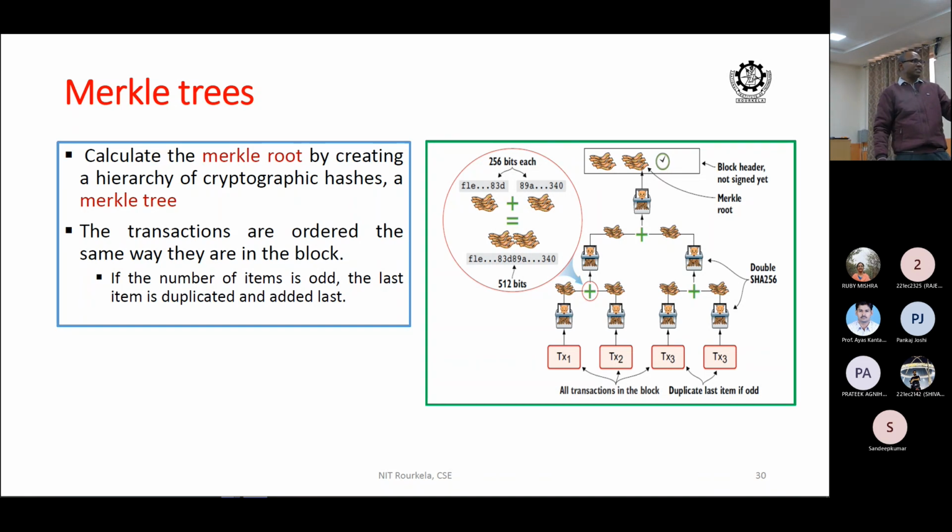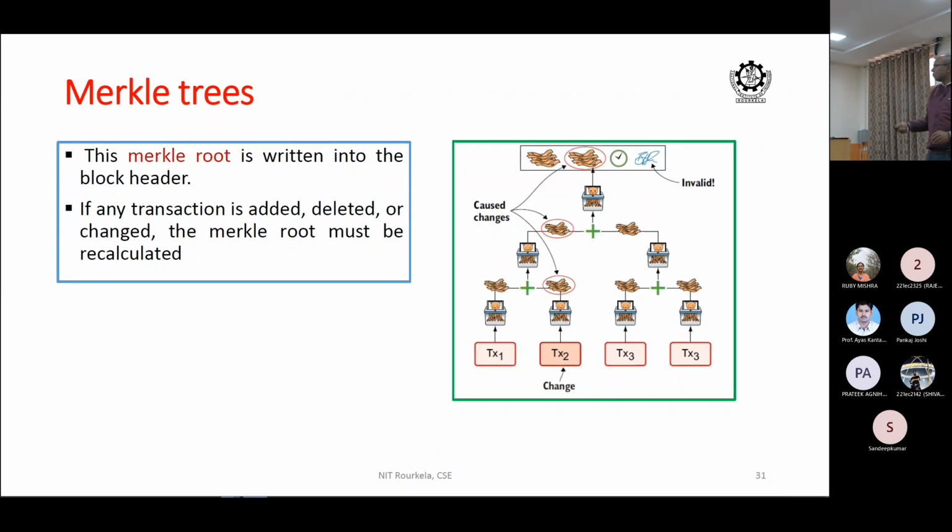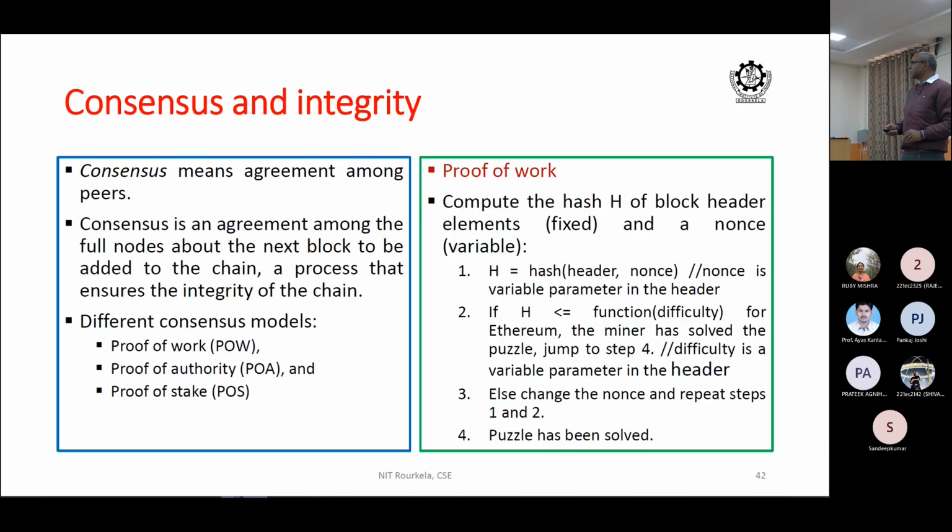The hash is designed so that if you change 1 bit, there will be a significant difference in the hash. That's one of the properties of the hash algorithm, hash functions. So let me skip this one.